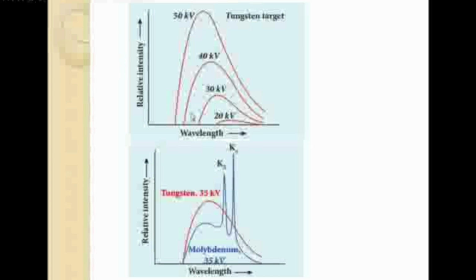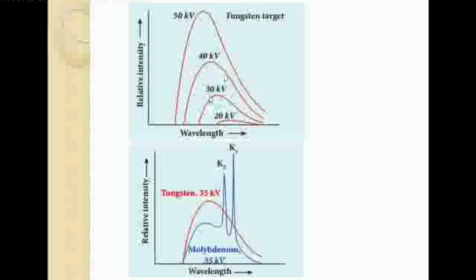You can apply different potential differences, that is, high potential difference in the battery: 20 kilovolts, 30 kilovolts, 40 kilovolts, and 50 kilovolts. This is for the tungsten material. When you increase the potential difference, the intensity of the X-ray also increases. When we increase the energy, it releases a large amount of energy, so the intensity also increases.